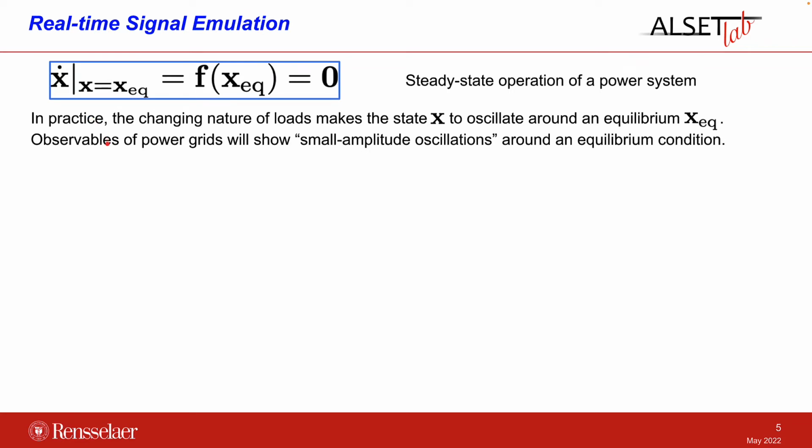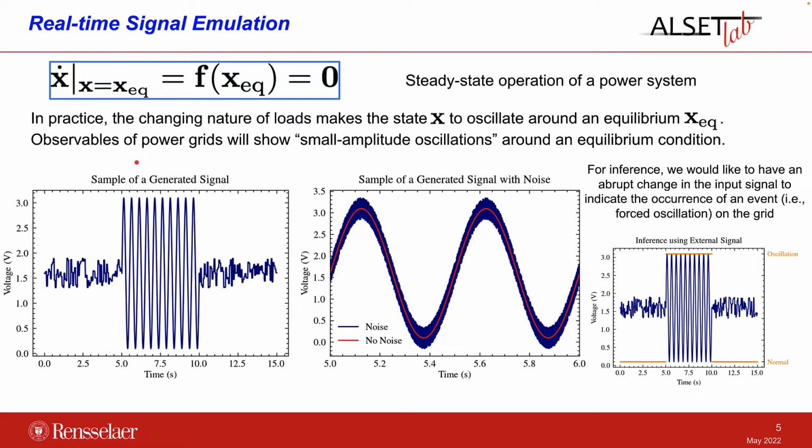What happens is that loads, conventionally, but nowadays also renewable resources, are changing all the time. This means that our state is not locked at an equilibrium trajectory or point, but rather it is oscillating a little bit around such an equilibrium.